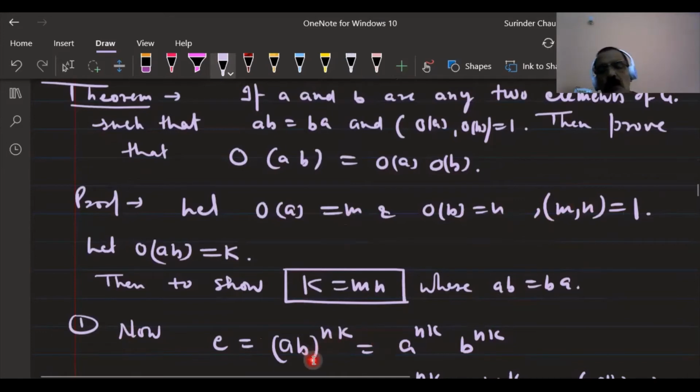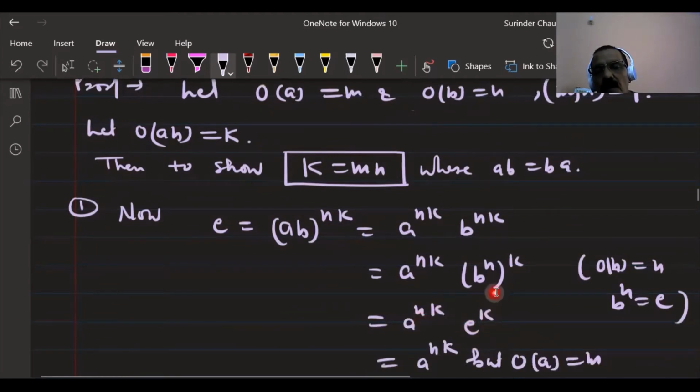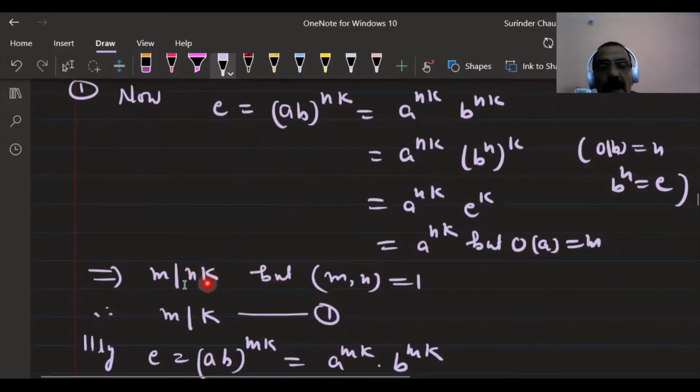We have proved that this holds true in the group, so (AB) raised to the power nk is equal to A raised to the power nk, B raised to the power nk. Now B raised to the power nk: the order of B is n, so B raised to the power n is equal to E, and E raised to the power k is equal to E. So A raised to the power nk is equal to E. The order of A is m, so m must divide nk. But m and n are relatively prime.